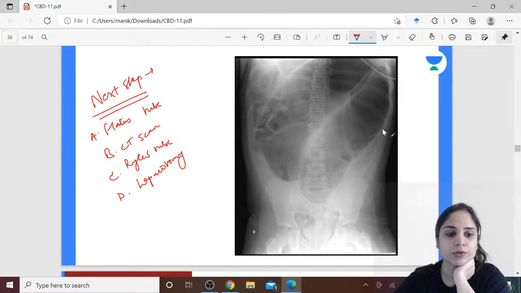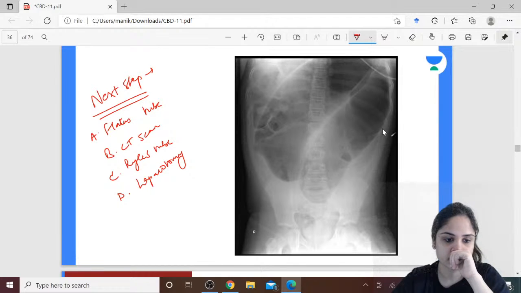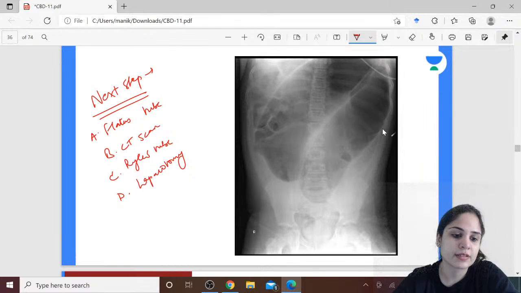What will be your answer? Trilok is saying he'll pass a flatus tube. Atmesh and Hriday are saying D, emergency laparotomy.